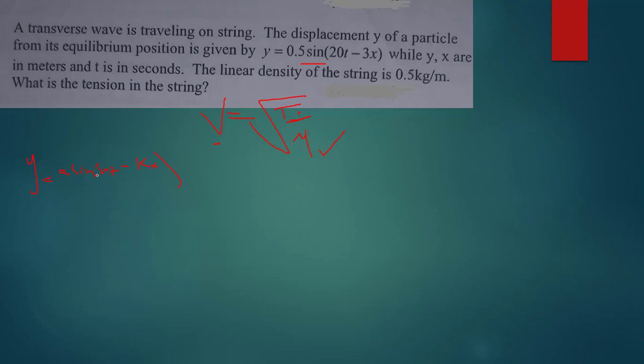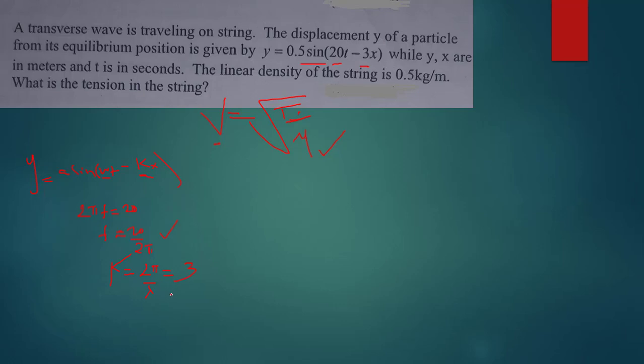Okay, where k is the wave number, or 2 pi over wavelength. So if we compare, we know w is equal to 20, so 2 pi f is equal to 20. So f is equal to 20 over 2 pi. We get our frequency. Also we can get the wavelength from here, since k is equal to 2 pi over wavelength, and in that case the coefficient of x, k, was 3.